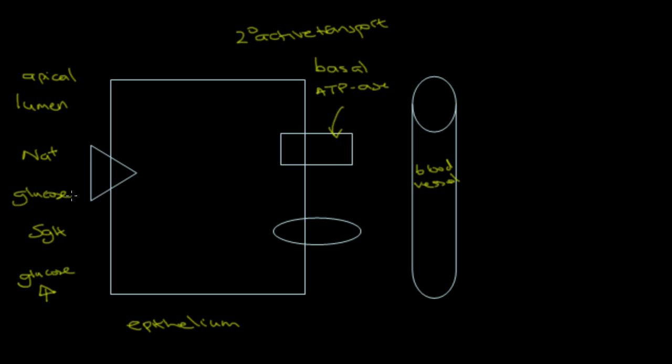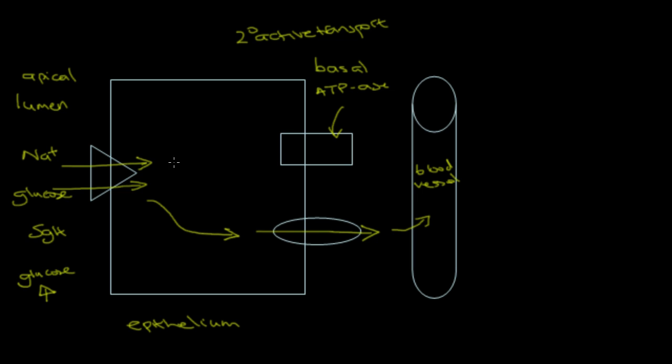The glucose is going to move against its concentration gradient, and it's going to take sodium with it. So they're both going to move into the cell itself. So the glucose has entered the cell now and is at high concentration levels, and the glucose will just move with its diffusion gradient and move out of the cell through simple facilitated diffusion, and then into the blood vessel.